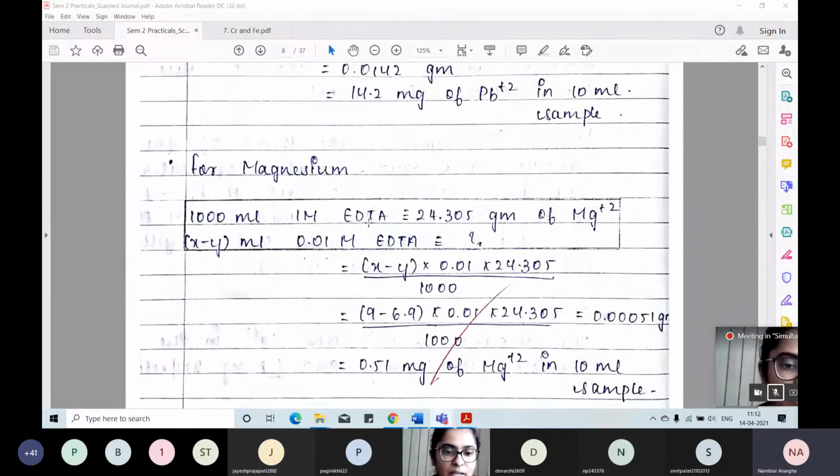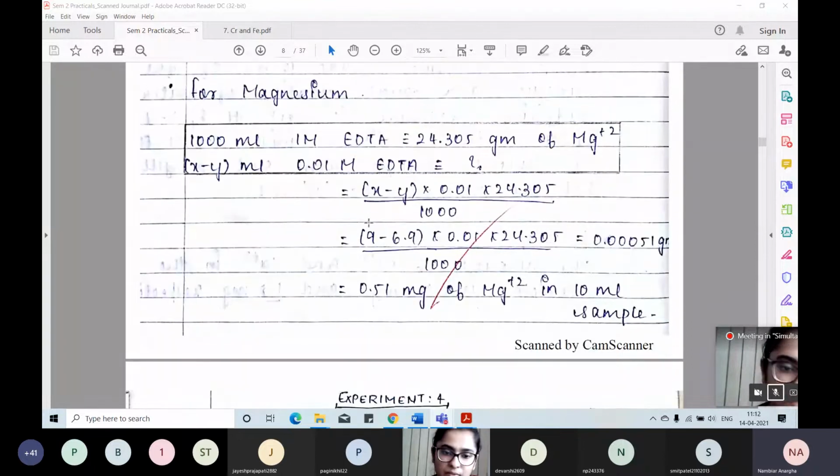Similarly, for magnesium, same thing. When you have a total and you have one known variable, just subtract it. You put x minus y value, that much ml of EDTA was used up for magnesium. So put those values. Now you can again see over here 1000 ml of 1 molar standard EDTA is equivalent to 24.305 gram of.